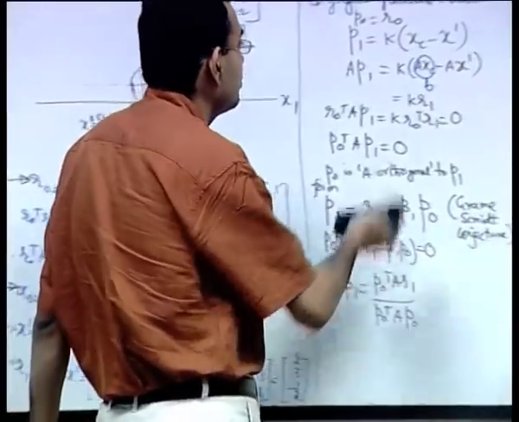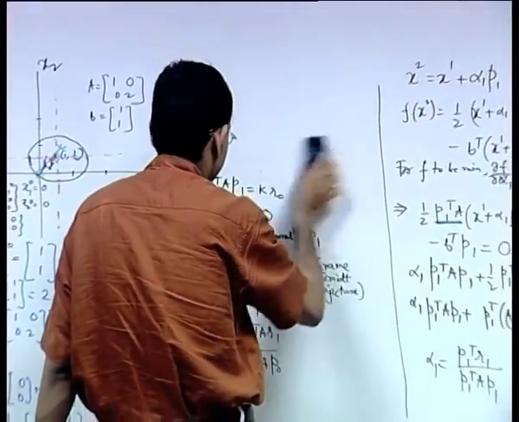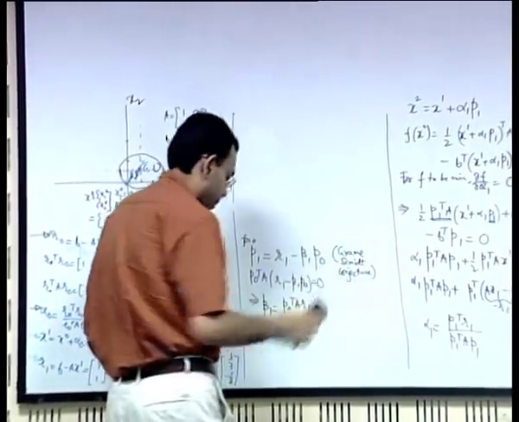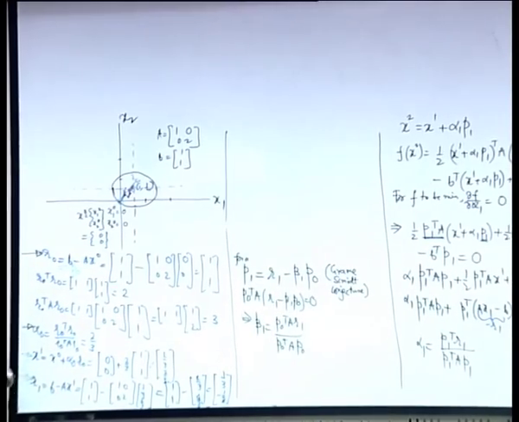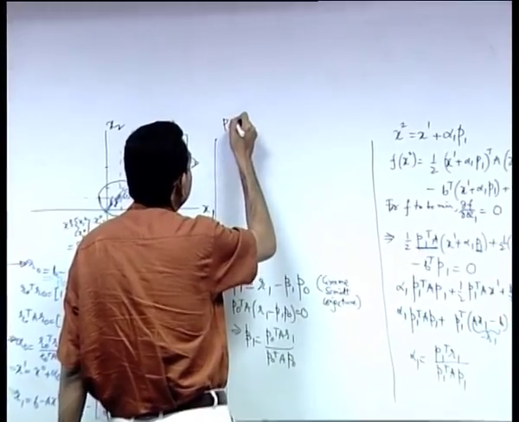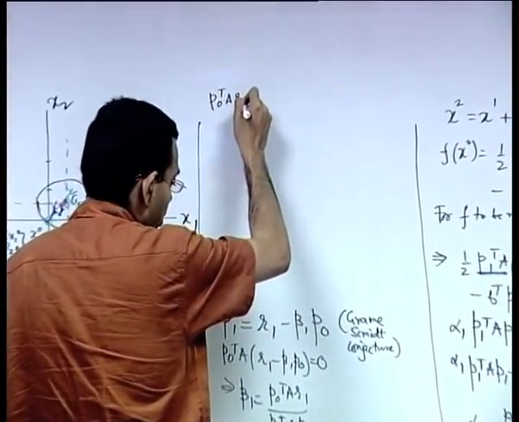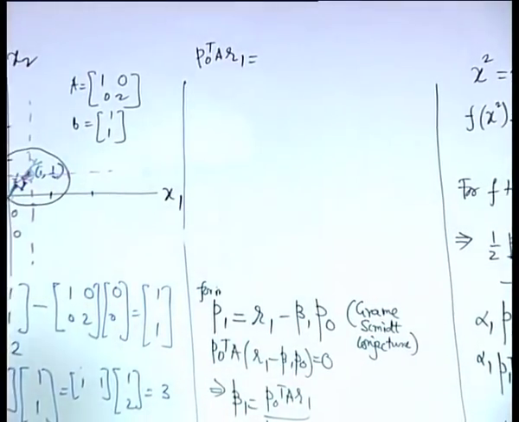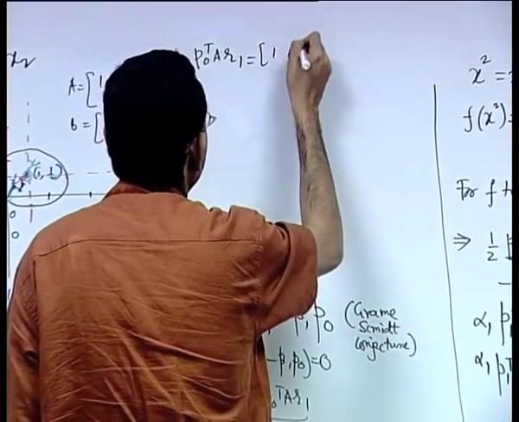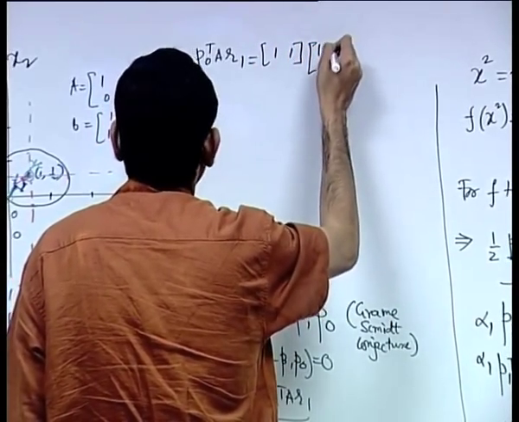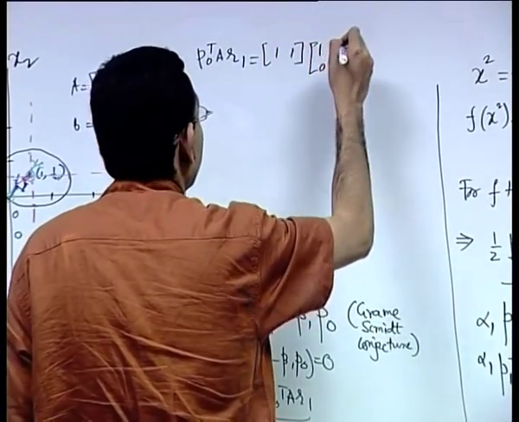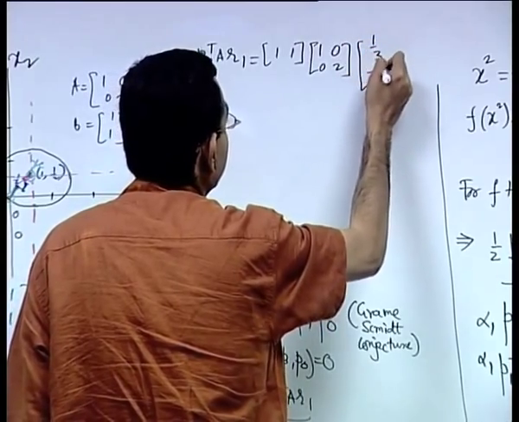Next let us calculate what is beta 1. To do that, what do we need to calculate? Numerator P0 transpose A R1. P0 transpose A R1 is equal to [1 1] times A times [1/3 minus 1/3].